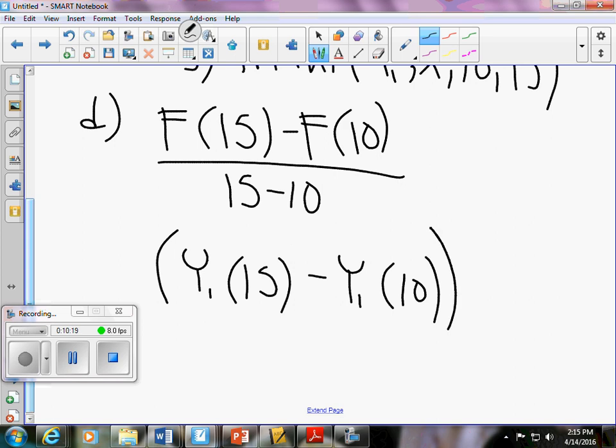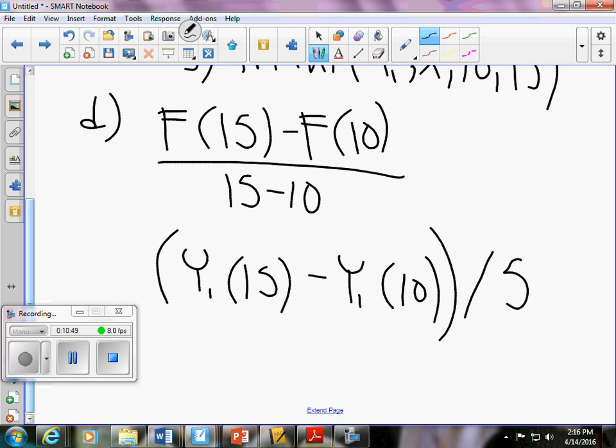And then you're going to divide it by 5, or divide it by parentheses 15 minus 10. Make sure that you're getting this whole y1 thing that I'm saying. If you're not, I just want to come over and help you with that because this comes up a lot. The y bars. So this should come out to be 1.518.